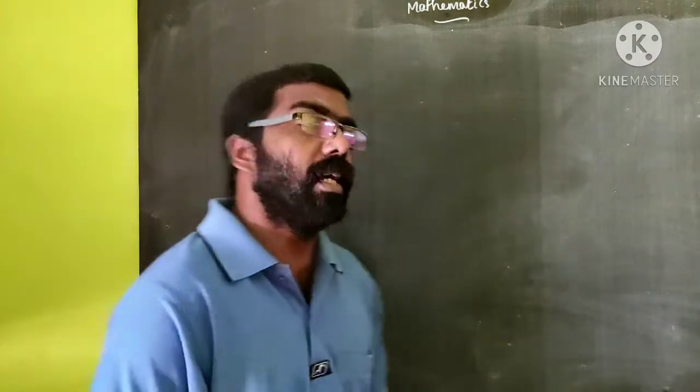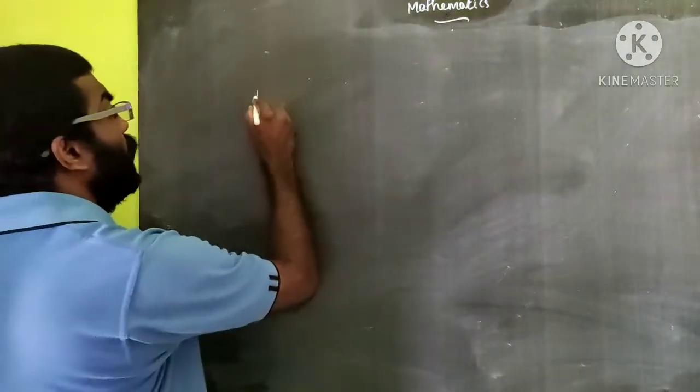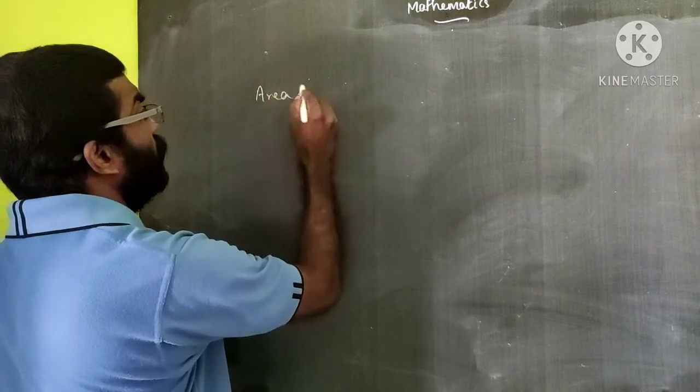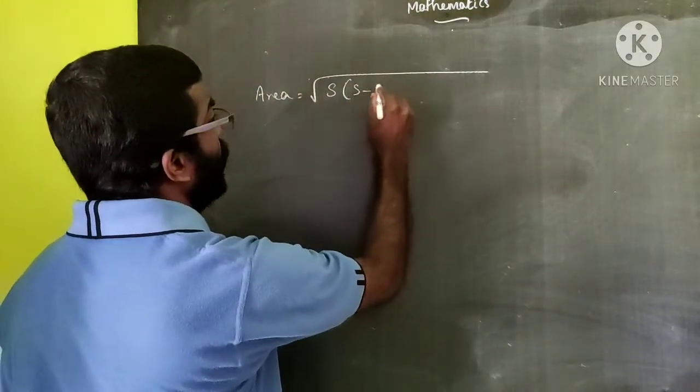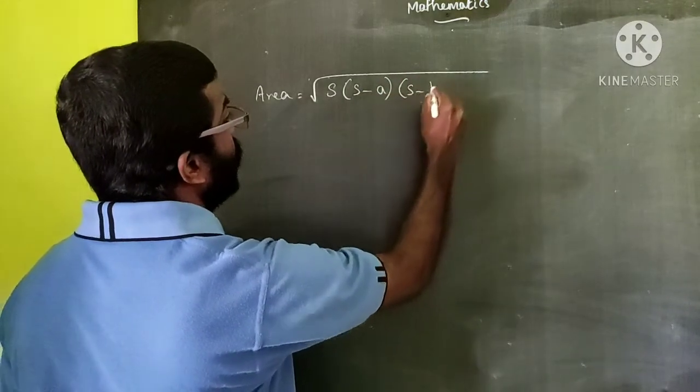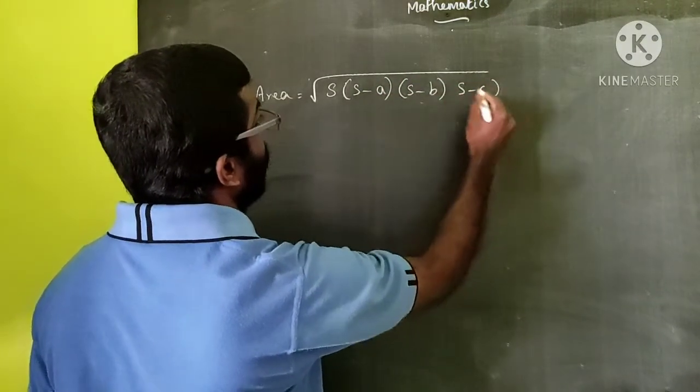So the formula is: area is equal to root of s into s minus a into s minus b into s minus c.